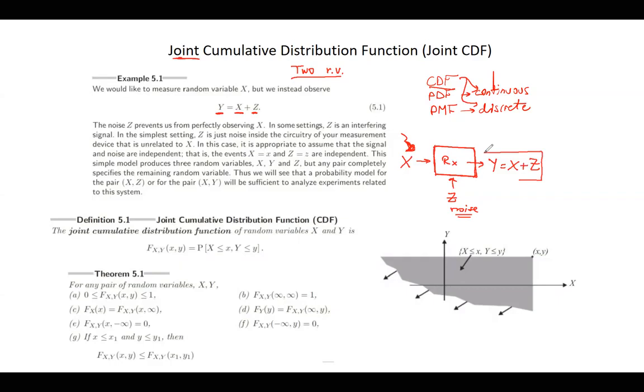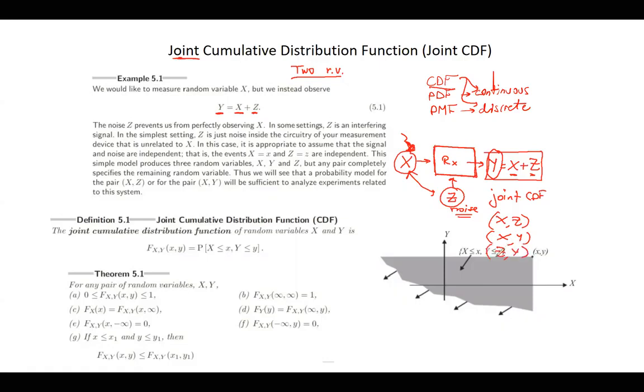So this is a simple model where we have three random variables. This is random variable X, this is random variable Z, which is independent from this one, and then we can define a new random variable Y, which is a function of X and Z. So the properties of X and Z will determine the properties of Y. So in that case we can talk about joint CDF, for example, X and Z. This is the pair of two random variables, so we can talk about joint CDF for X and Z, X and Y, or Z and X, Z and Y, for example.